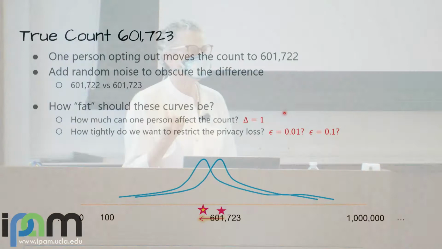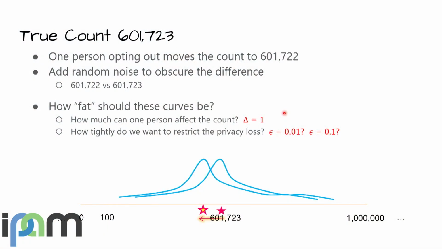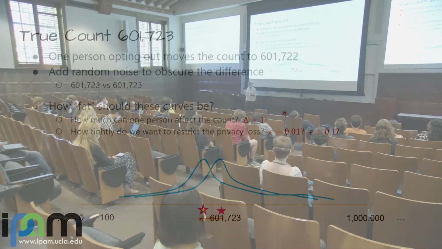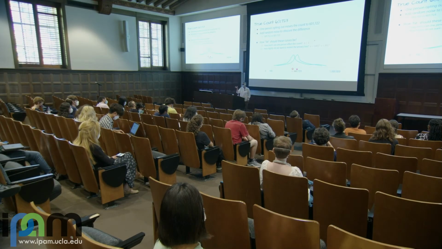Okay, and the other question is, how tightly do we want to restrict the privacy loss? As I said earlier, a privacy loss that is very small is good, more private. And a privacy loss that is large is less private. And I said it's a parameter under the control of the algorithm.